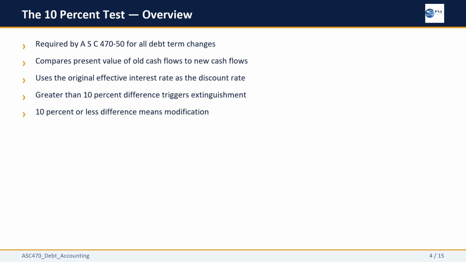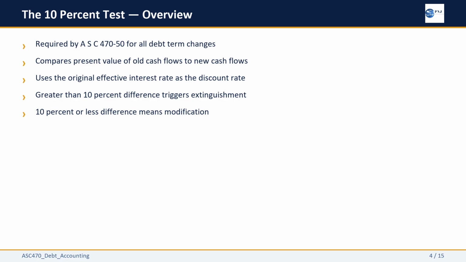ASC 470 gives us a single quantitative test to resolve the modification versus extinguishment question. The idea is elegant. If the new debt is substantially different from the old debt, measured by the present value of cash flows, then economically the old instrument no longer exists and should be removed from the books.